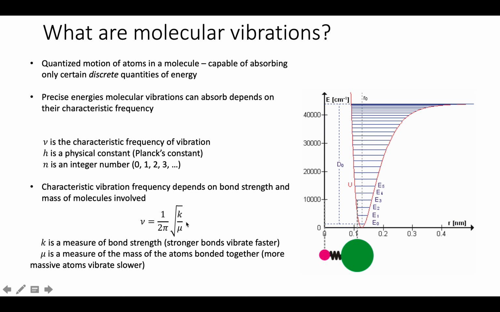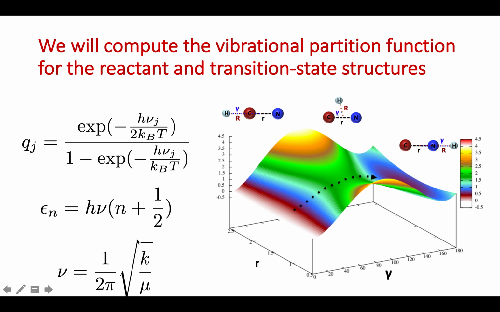Then we also need to know the stiffness of the interaction that defines the bond, like the bond stretch, or the bond bend. Knowing those two things, you can calculate the vibrational frequency. This makes use of what's called the harmonic oscillator model, and we'll talk about that extensively.